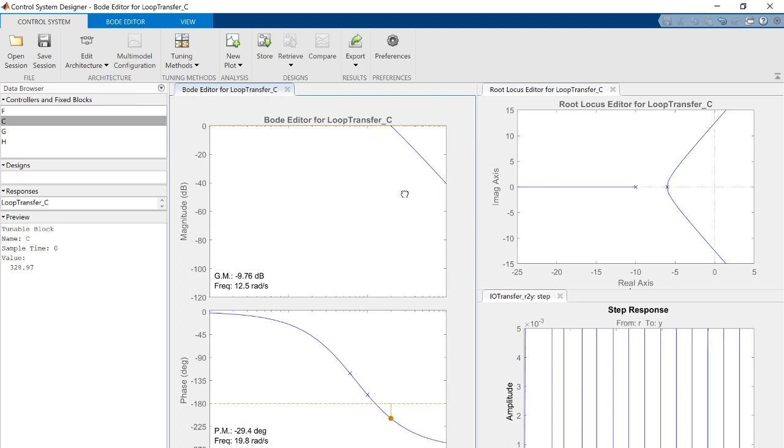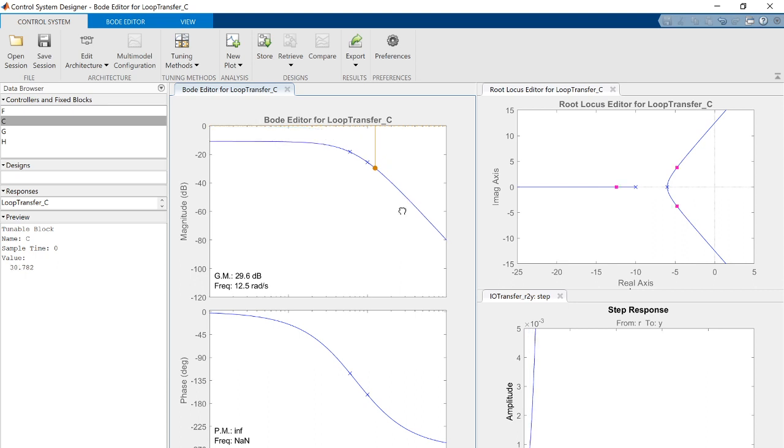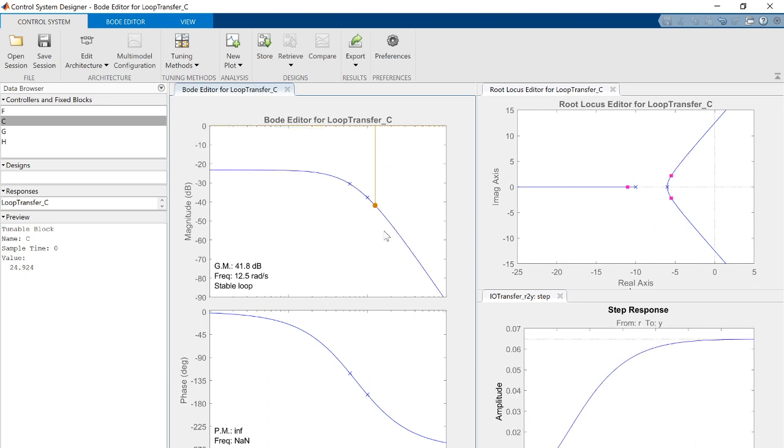Too much. Let's put it back down here. There we go. Somewhere like in there, and we've improved our performance a bit. But we see our gain margin has been reduced to 41 dB, and we're still at an infinite phase margin.